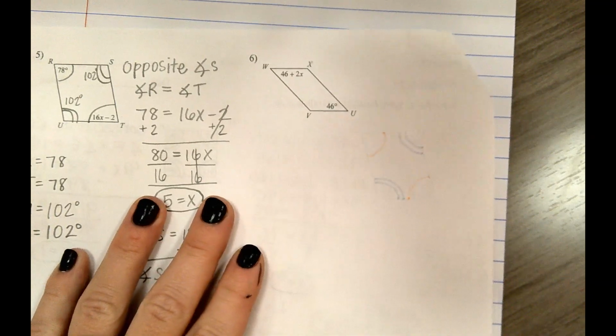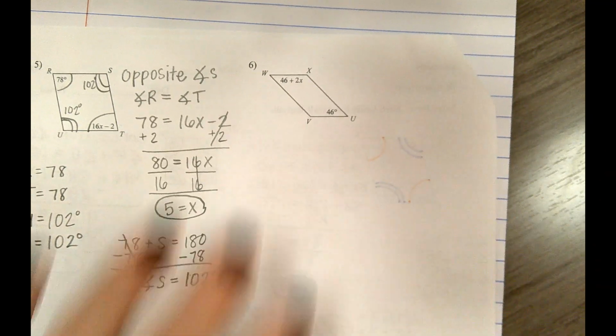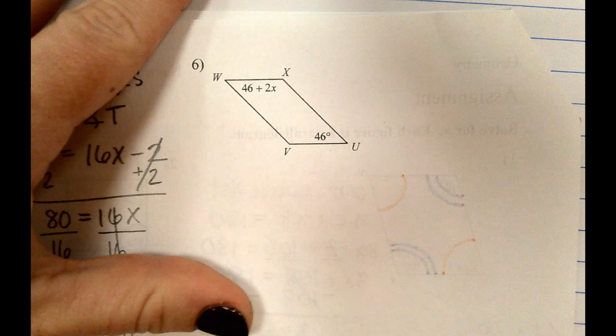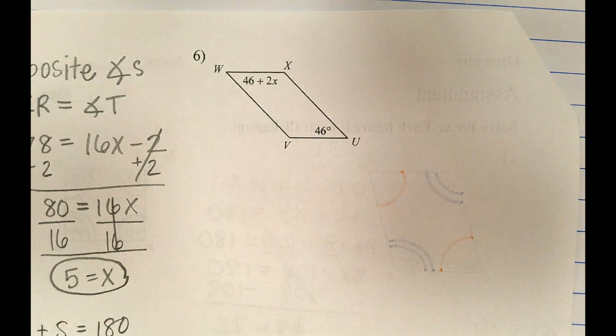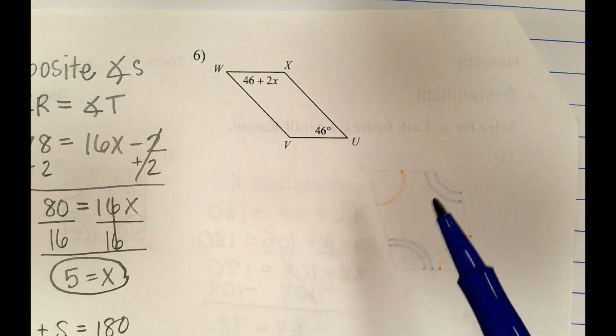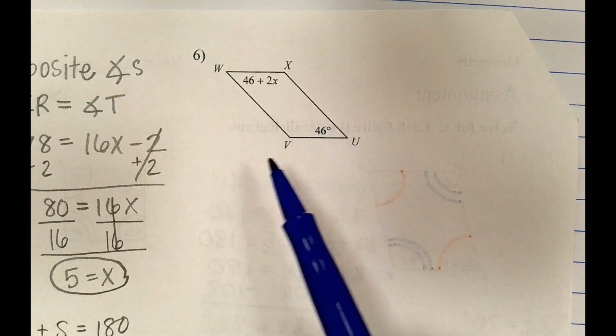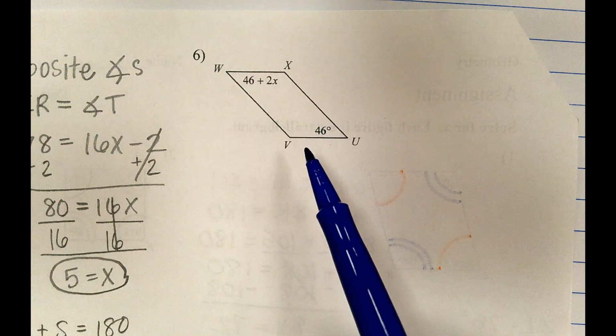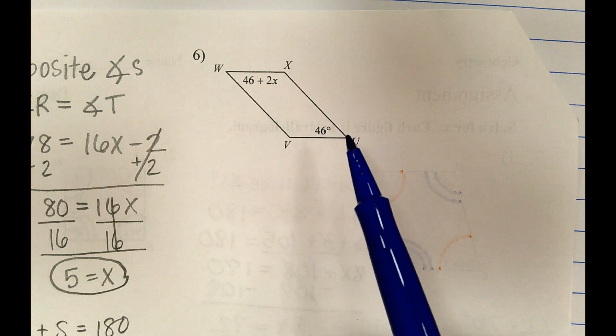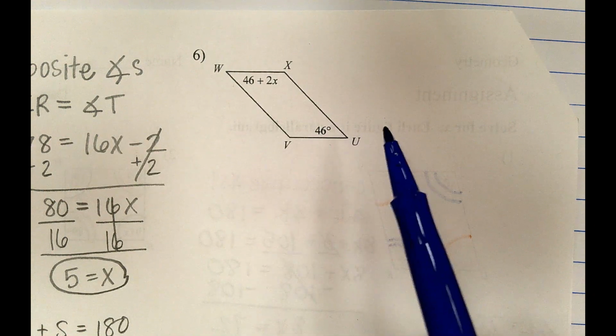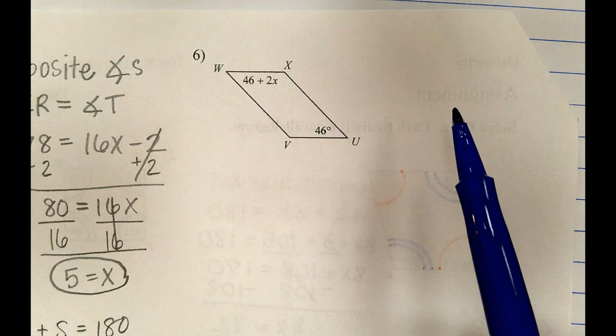So let's look at number 6. I have 46 plus 2x, and I have 46. So x is going to have to be 0, isn't it? Did you get 0 for x on number 6? Yes.